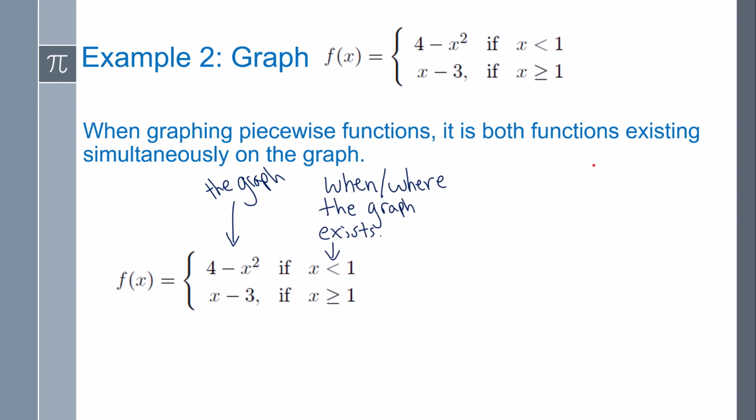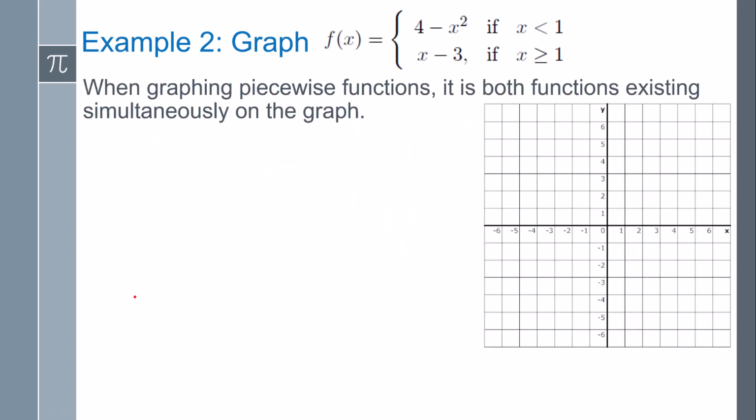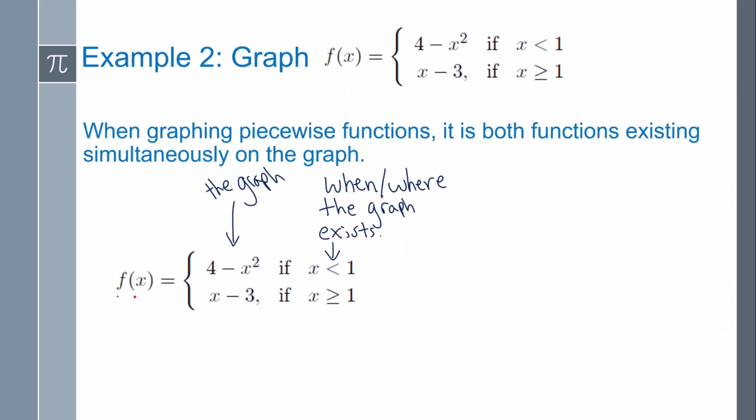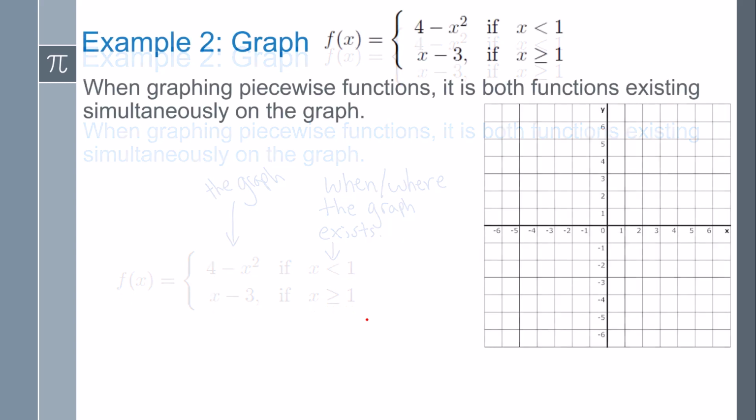The way that we interpret this is that for this function, this graph exists if all of your x values are less than 1. This graph exists if all of your x values are greater than or equal to 1. So let's take a look at what that means.